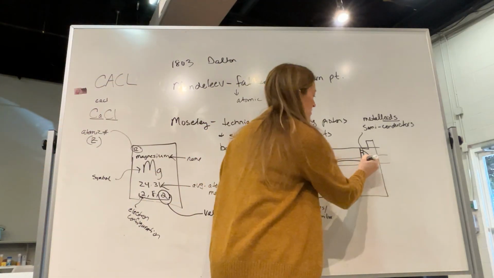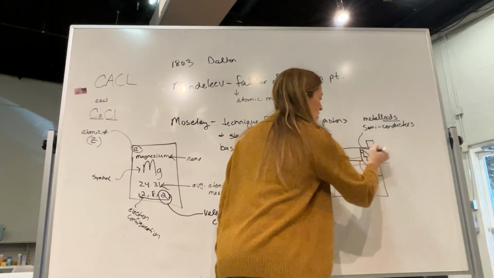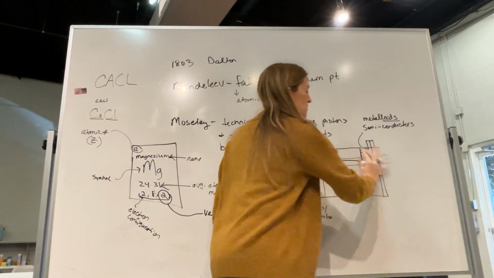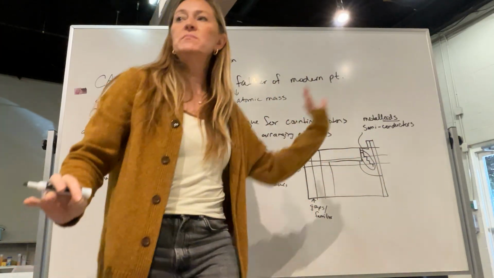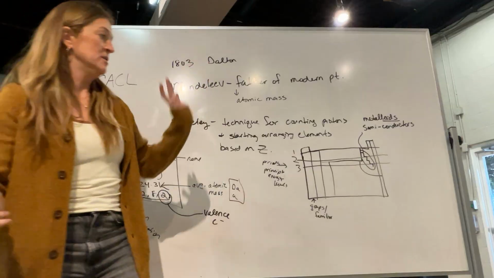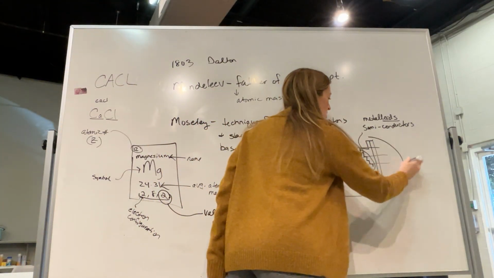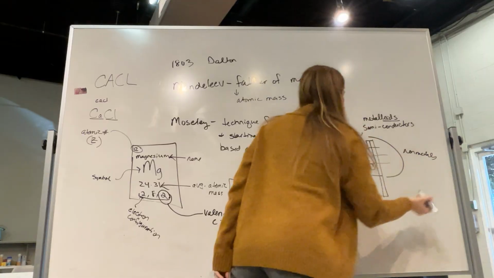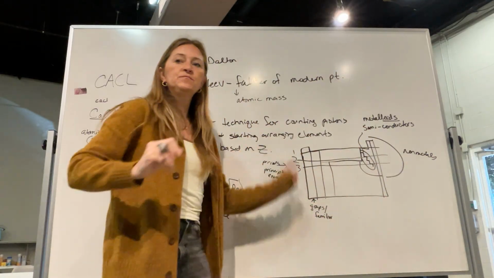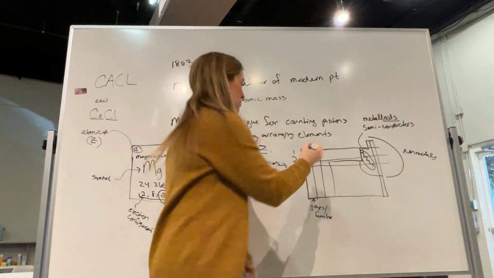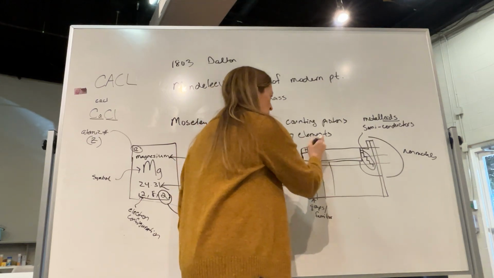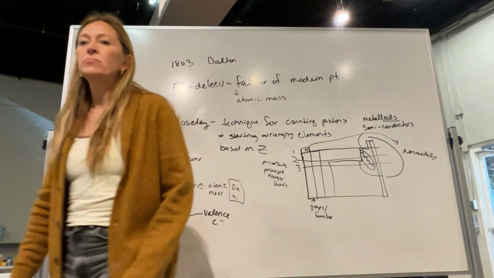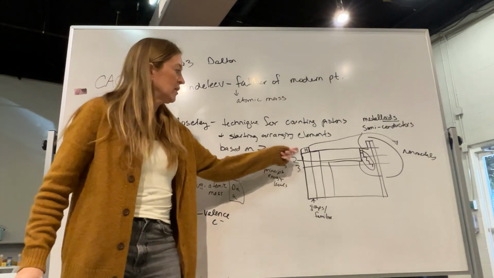In general, what are these over here called? Not group 18, but what are these over here called? Are those your metals or your nonmetals? Nonmetals. So for the most part, over here you've got your nonmetals. Hydrogen typically gets put over there with your nonmetals too, even though hydrogen is over here.